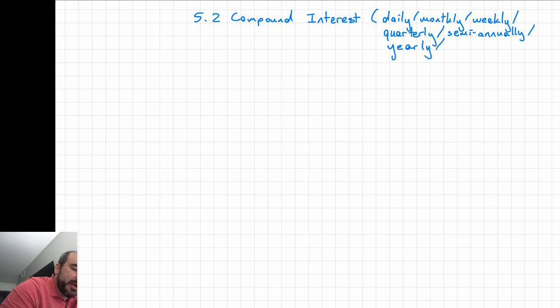As soon as you go to yearly, it essentially becomes simple interest if the compounding period is yearly. But we can also have bi-weekly. So these are some different keywords that we might see, and we can talk about some of those as we do the problems and examples. A lot of them are pretty straightforward.